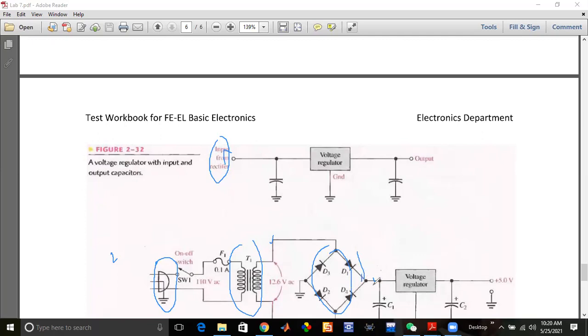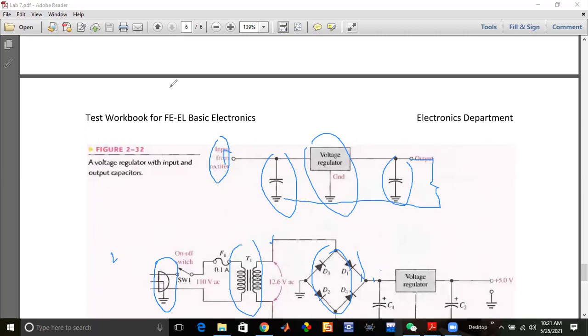So the input from the rectifier goes to the input capacitor, this is the regulator IC, and this is the output capacitor. And here we will use the load resistor.